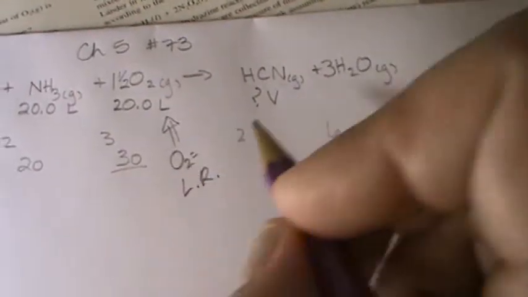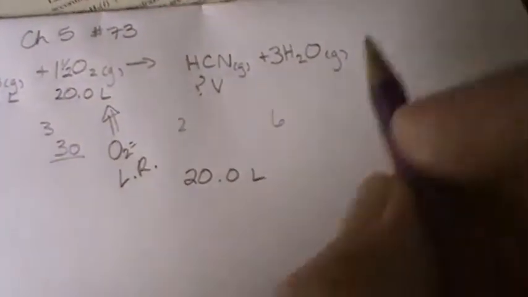Since my oxygen is my limiting reactant, then 20 liters of O2. Now I put in my mole ratio. I can use my original one. This is 1.5 moles of O2 per 1 mole of HCN yields.